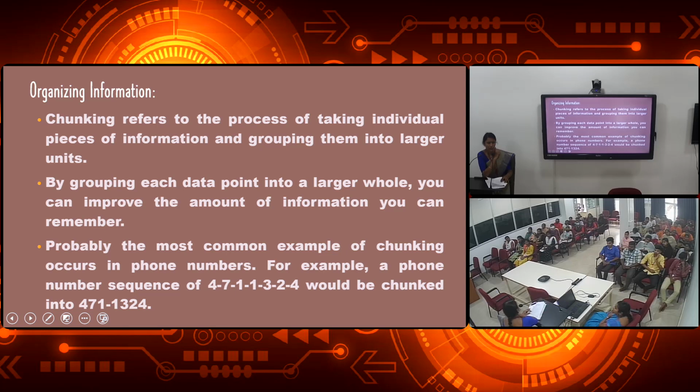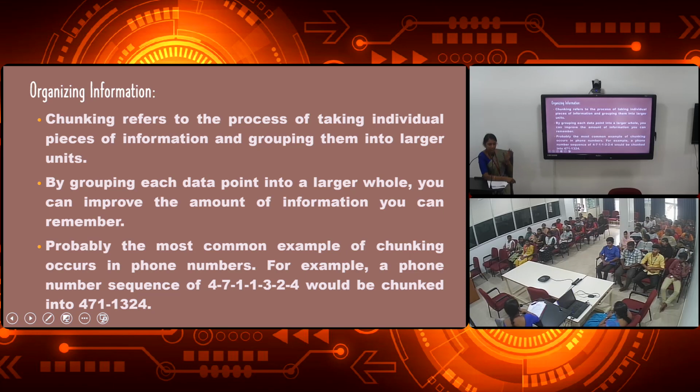Can anyone please tell your phone number? Yes, tell me. Everybody has a phone, right? Everybody has a number. Anyone, kindly. Yeah, tell me. How are you telling your number? Yeah, by the chunking method.